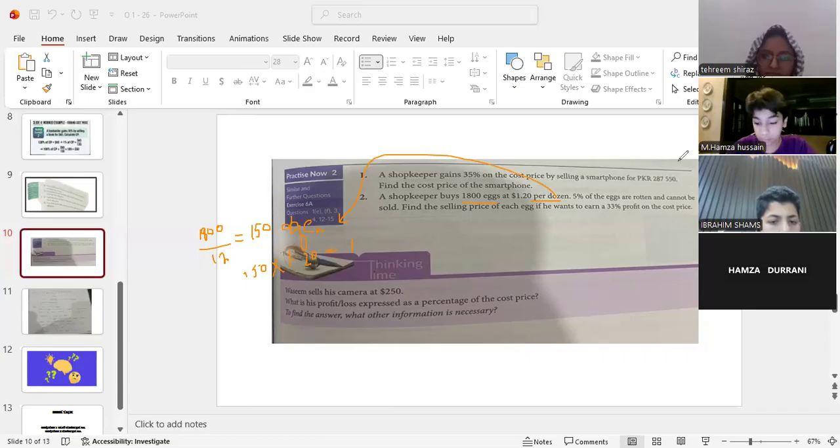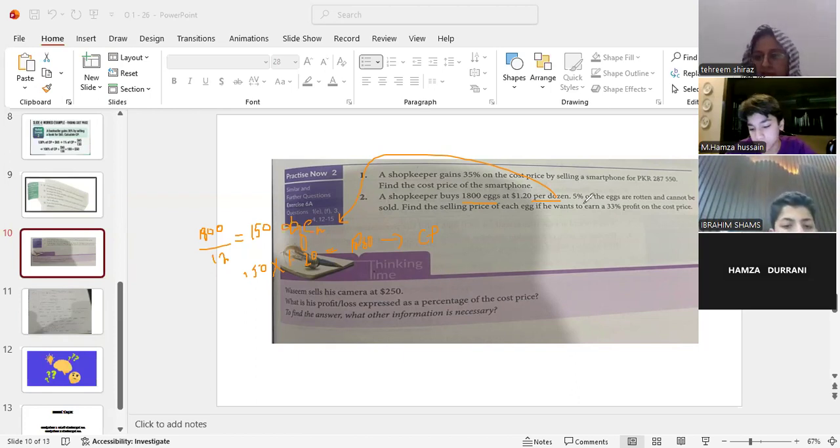Okay, now if we multiply 150 with 1.20, our answer will be 1800. It means that he has spent a total of 1800 to buy the 150 dozen eggs.